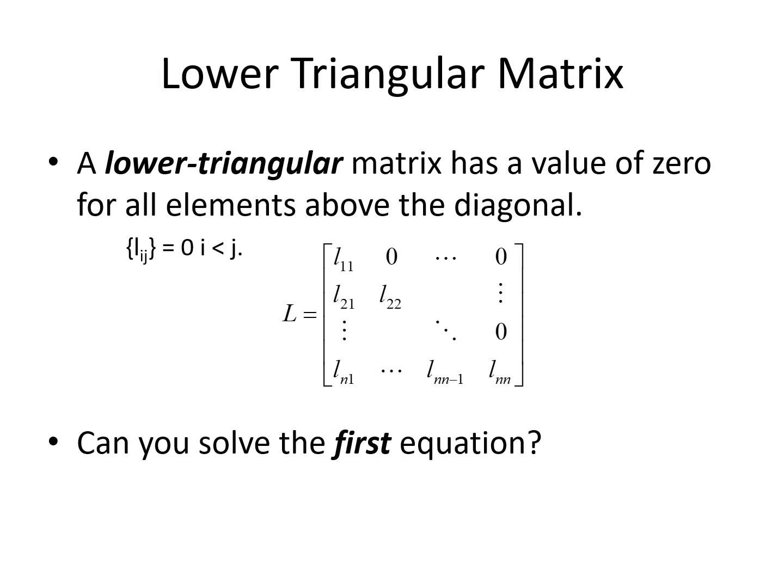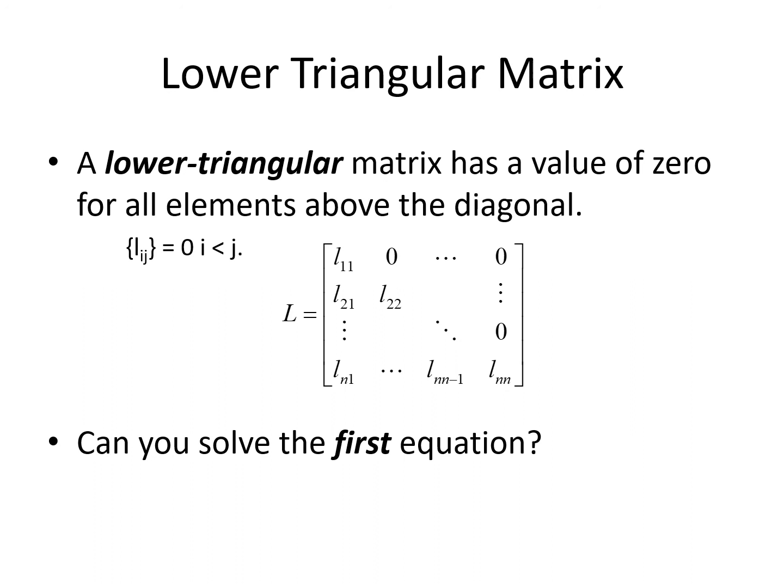Next type of matrix is lower triangular matrix. A lower triangular matrix is such a matrix where upper diagonal elements are all equivalent to 0 and lower diagonal elements are non-zero. You see in this example L11, 0, 0; second row is L21, L22 and all other elements are 0; and L31, L32, L33 are present.